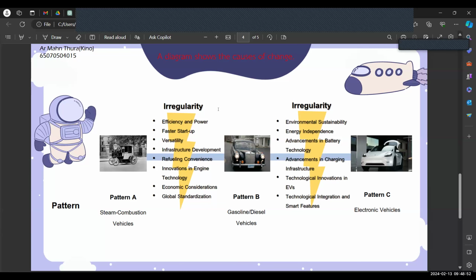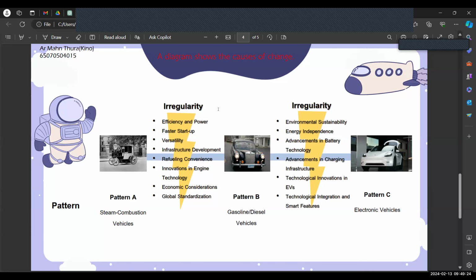And the factors that changed gasoline and diesel vehicles into electric vehicles are that EVs are more environmentally friendly, and technological integration and smart features became more advanced in the late 20th century and early 21st century.